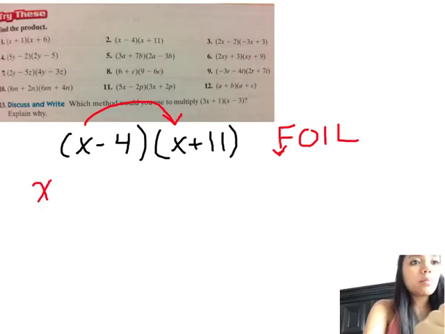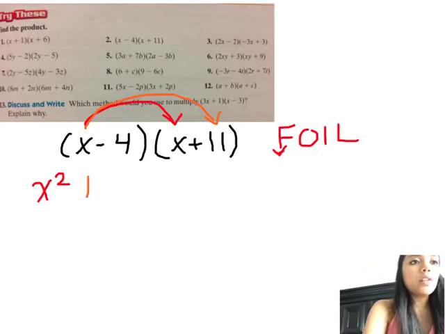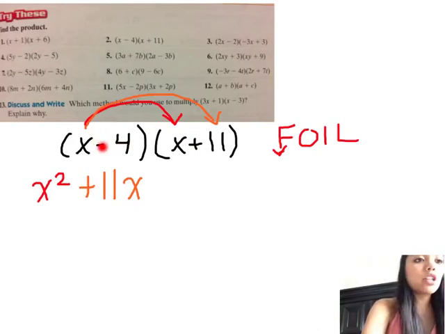So 6 times negative 6c, that's going to be a negative 36c. And then I'm going to do inner times inner, so positive 9 times positive c, so then I have a plus 9c. And then last times last, in the light purple, positive c times negative 6c, so I got negative 6c squared.